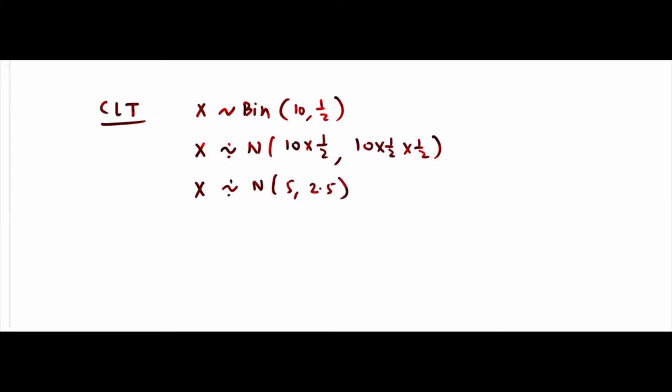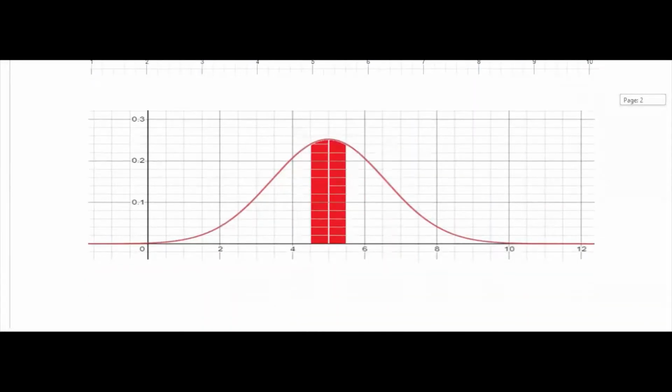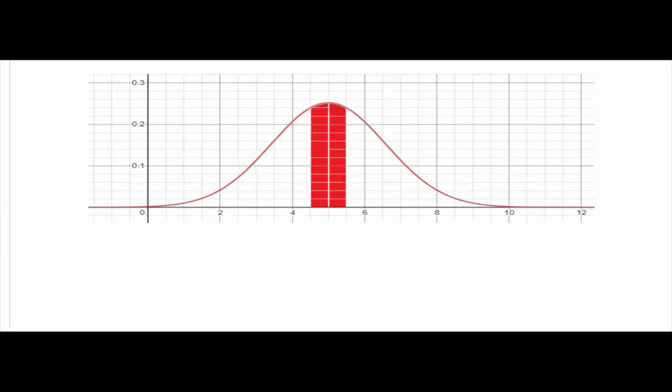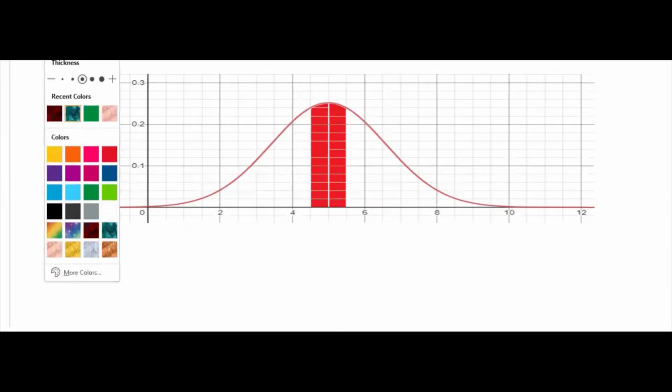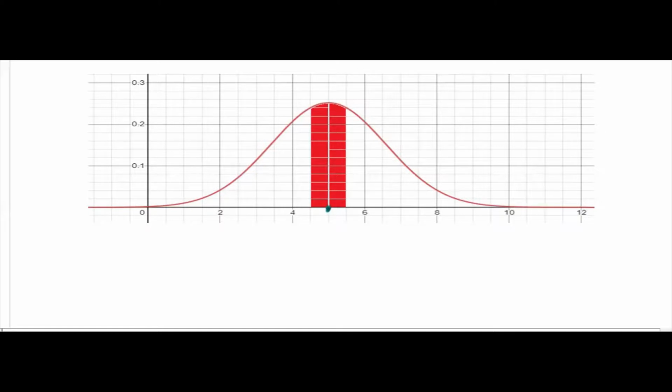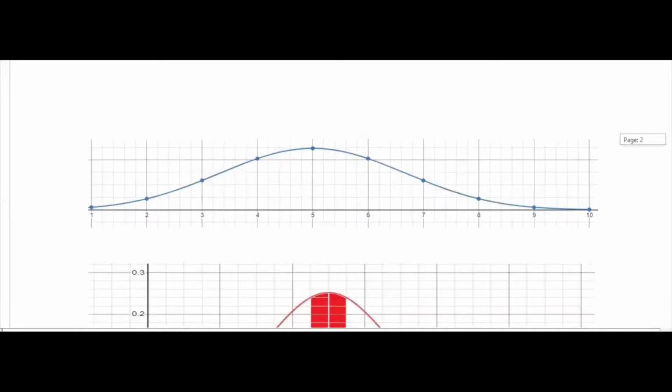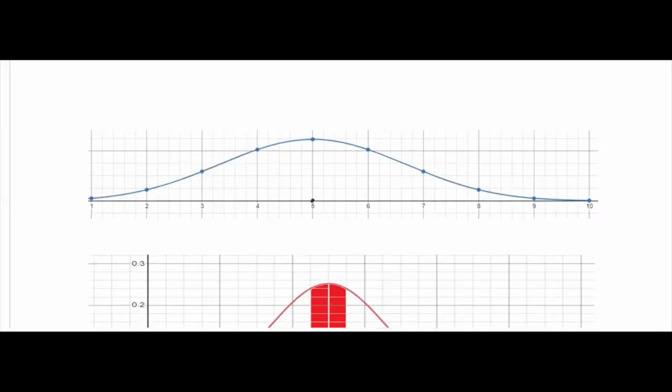Now, if you see this graph, this is the normal distribution graph, and the mean is 5 here. This is our part 1, this is our part 2.